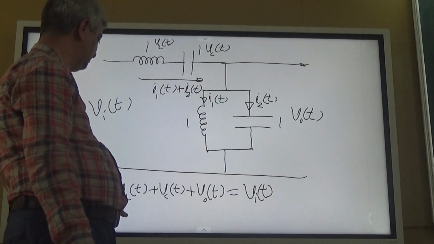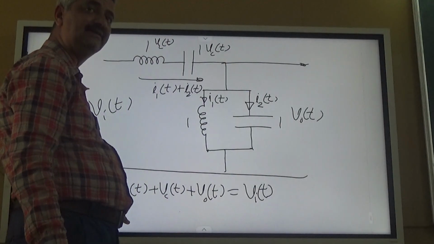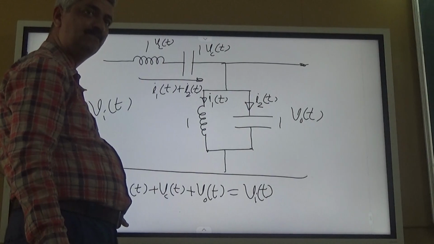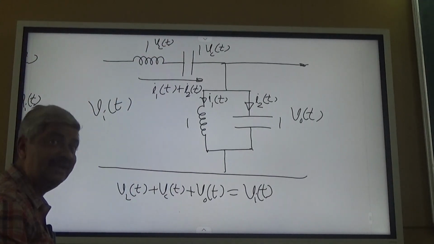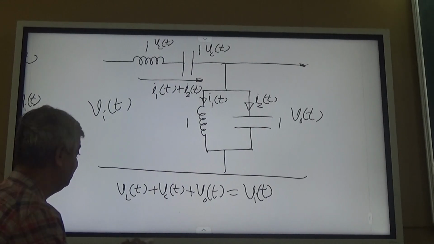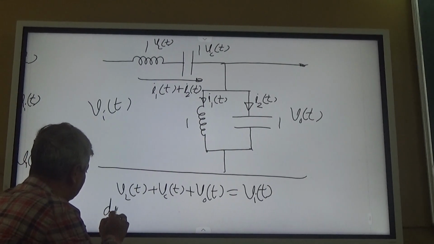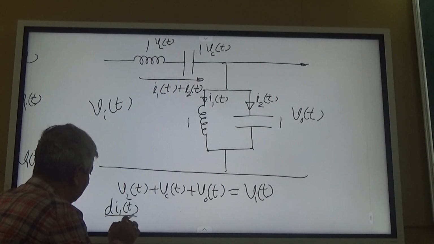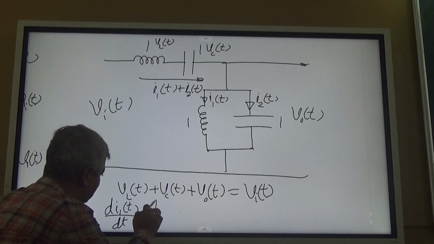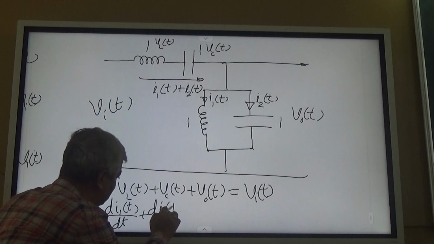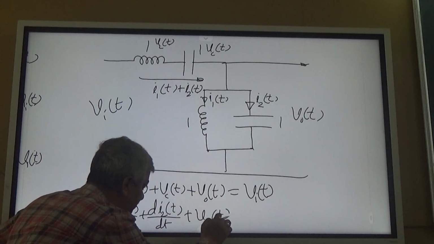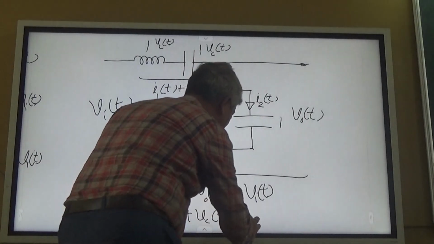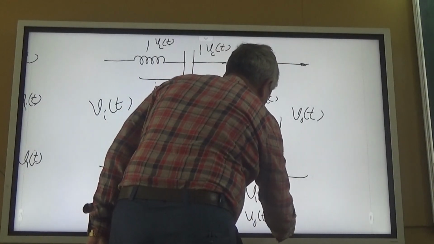Now what is V_L(t)? It is L di/dt, and L is 1. But what is i? i1(t) plus i2(t). So di1(t)/dt plus di2(t)/dt plus V_C(t) plus V_O(t) equal to V.